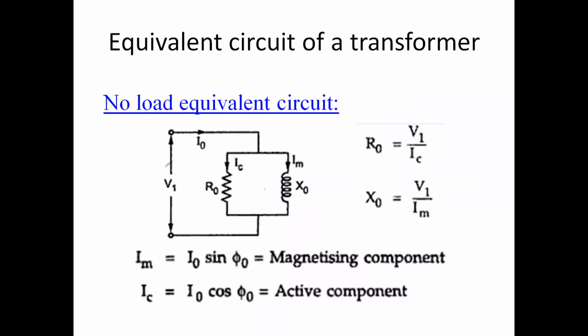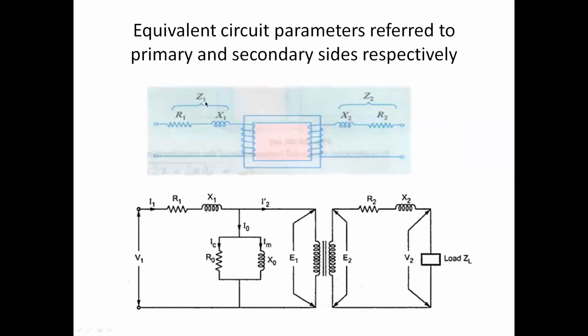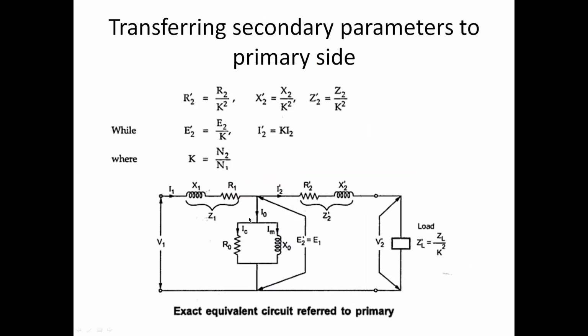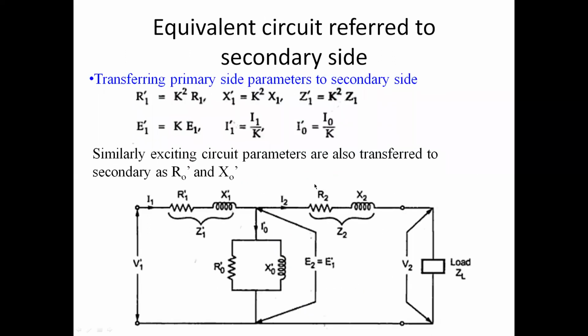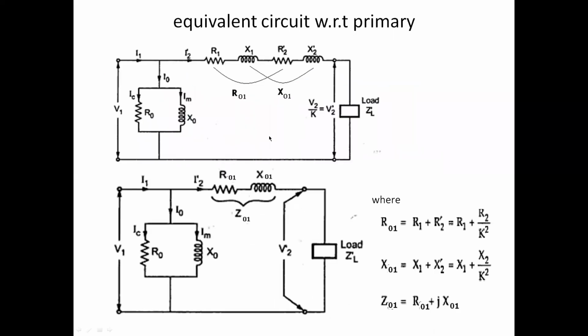See, when we do the no load test, we get only the no load and magnetizing components in this. But this is your equivalent circuit. So these equivalent circuit parameters are as referred to the primary side, and these as referred to the secondary side.